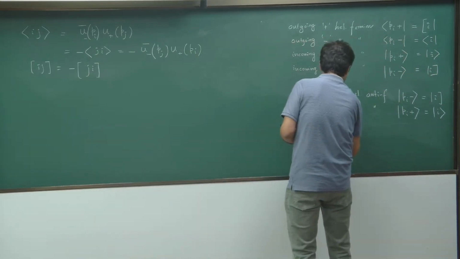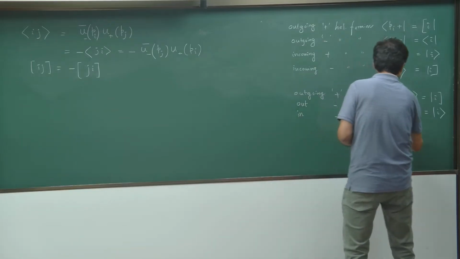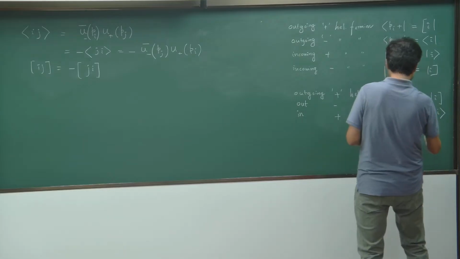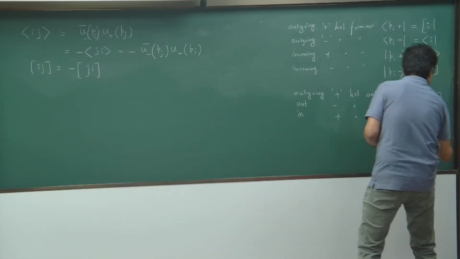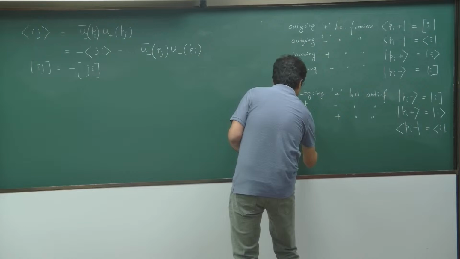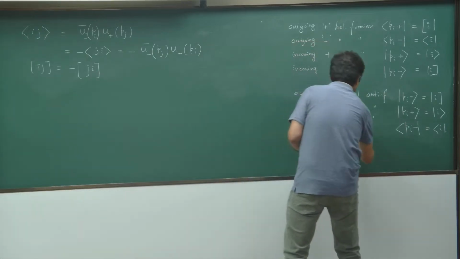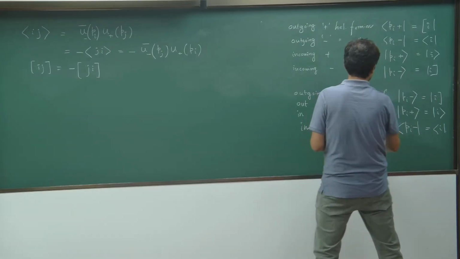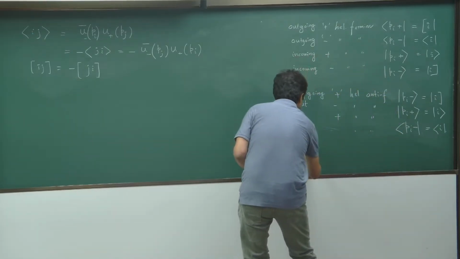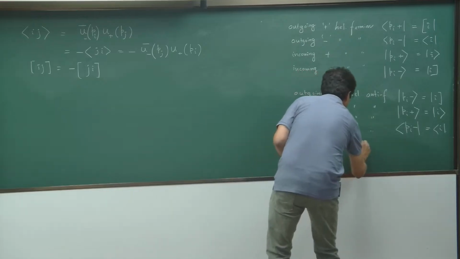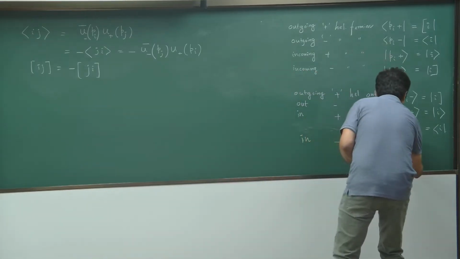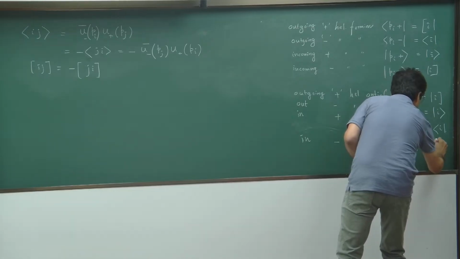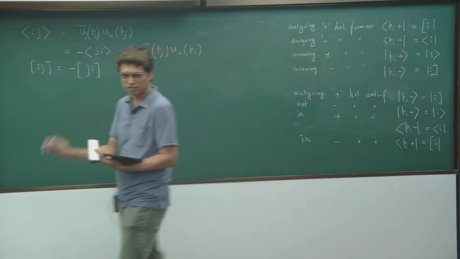Incoming plus helicity anti-fermion, that is pi minus, that is angle. Incoming minus helicity anti-fermion is pi plus, which is square. Okay, so this is the notation.